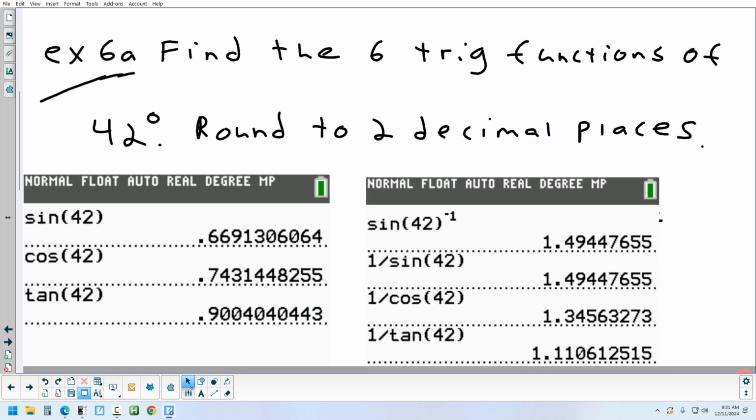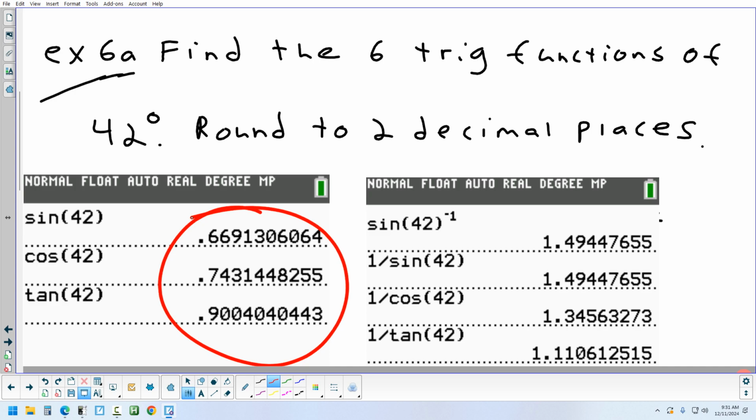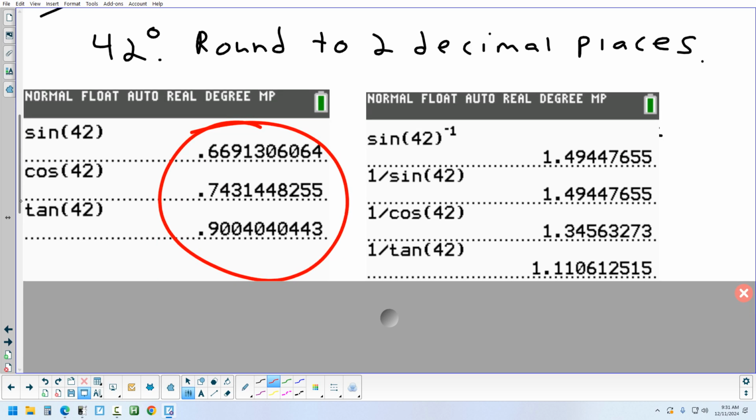Okay, so here's your first three functions, sine, cosine, tangent. And that's cosecant, secant, cotangent. And it did say round to 2 decimal places, so 0.67, 0.74, 0.90, 1.49, 1.35, 1.11.